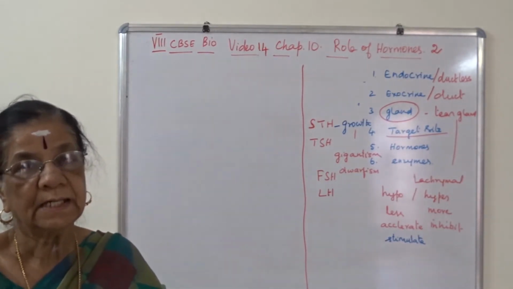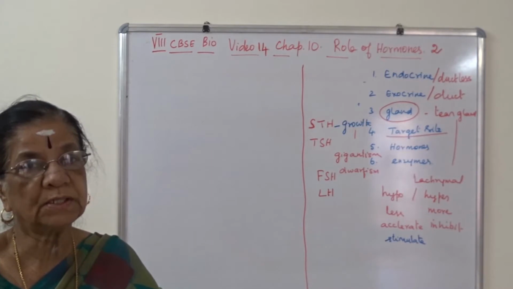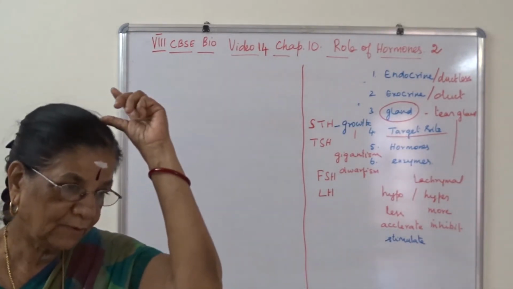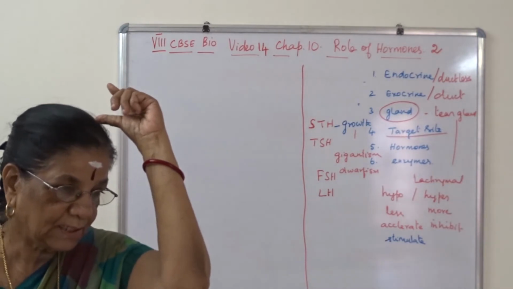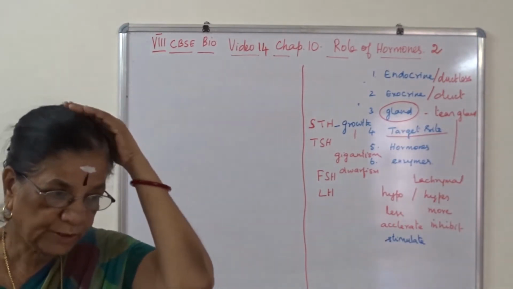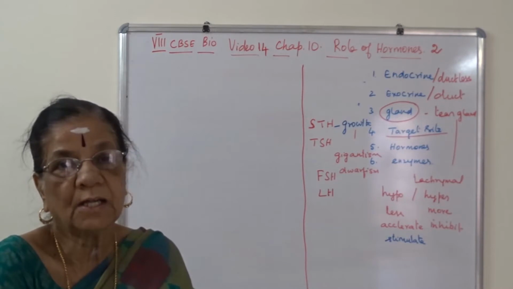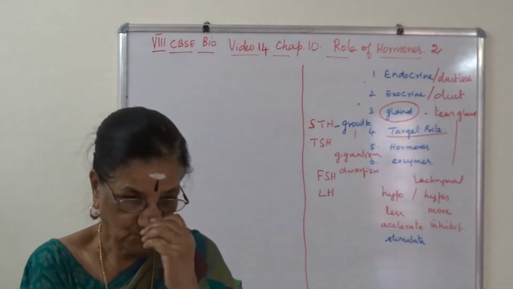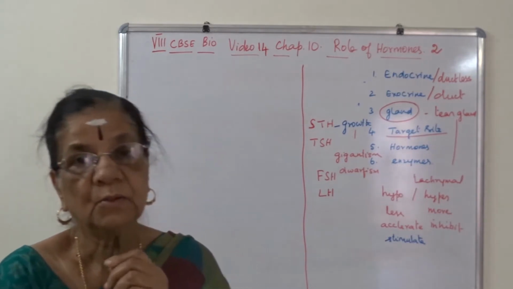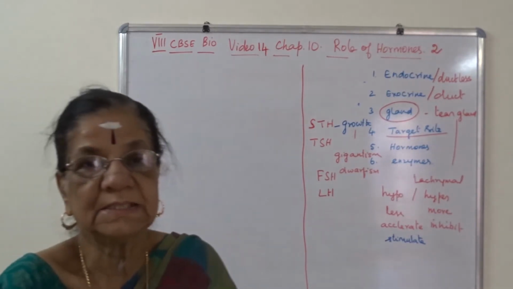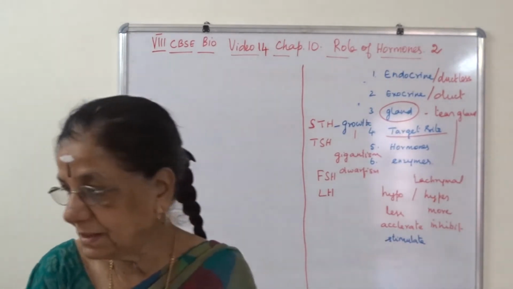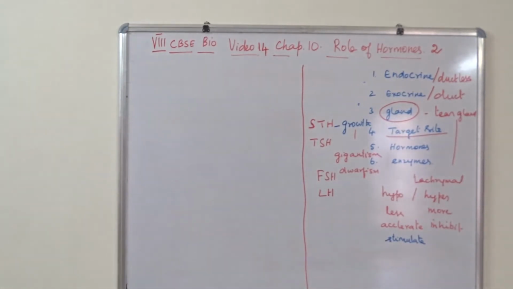In that, the endocrine portion is what? Islets of Langerhans. These islet cells have two types of cells, alpha cells and beta cells, where alpha cells secrete glucagon and beta cells secrete insulin. I hope you know. The next we learn about is the adrenal gland.